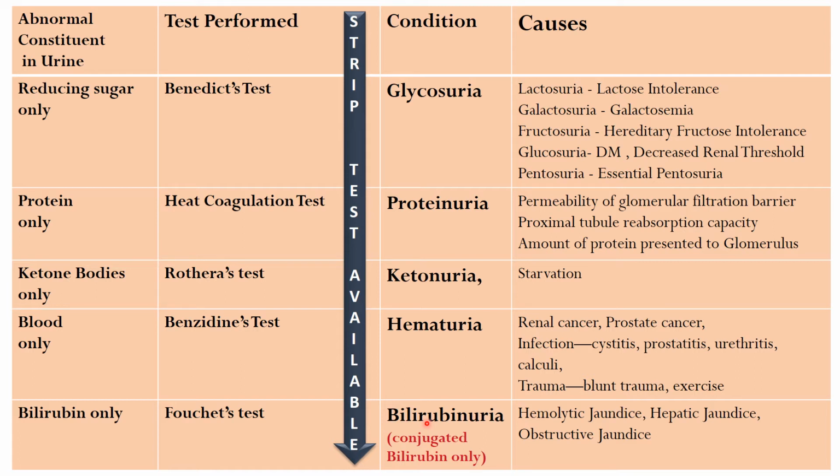The common term is bilirubinuria, and the conditions in which conjugated bilirubin is seen in urine may be hepatic jaundice or obstructive jaundice. So, this slide completes the presence of single abnormal constituents or components in urine and their causes.